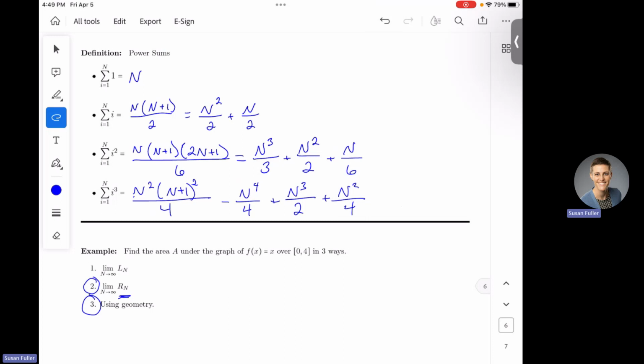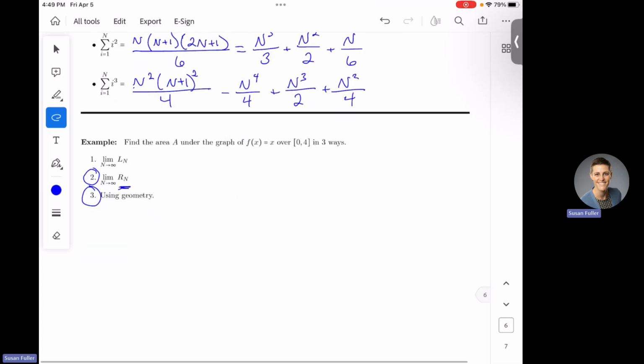Okay, so I want to do this example where we find the area, I'm calling that area A, under the graph of f of x equals x over the interval from x equals 0 to x equals 4, and find it in 3 ways. I'm just going to go through the second, which is the limit as n approaches infinity of the right Riemann sum.